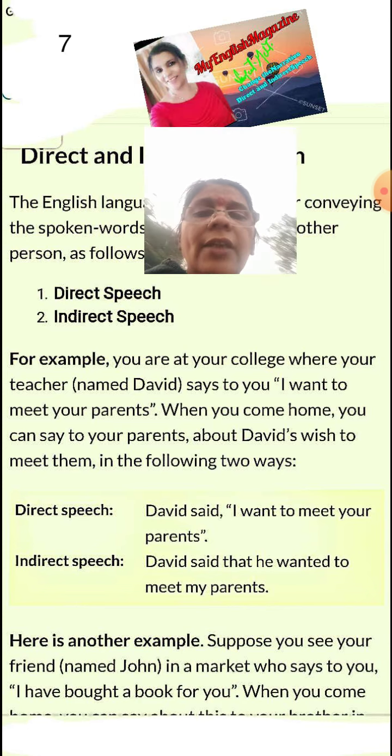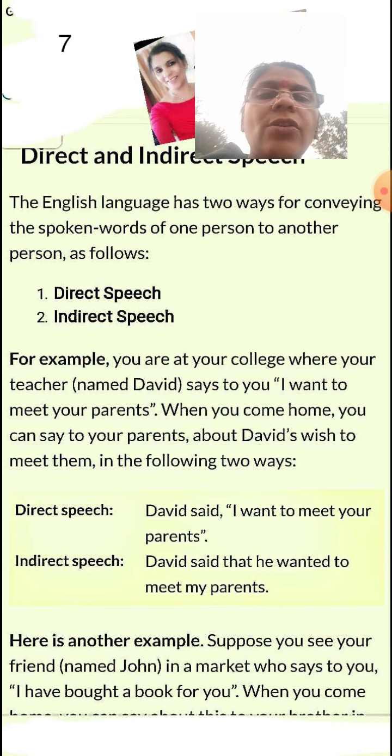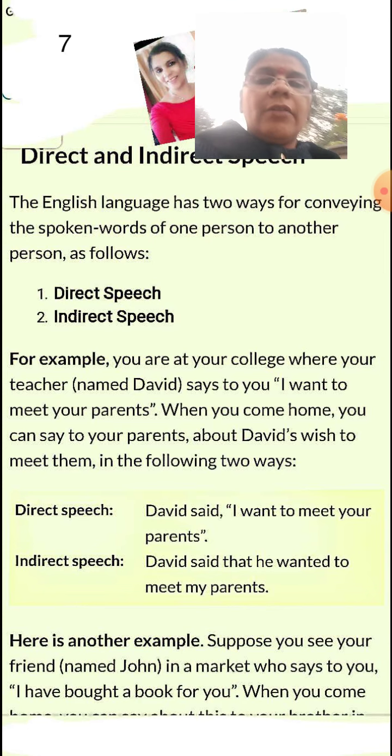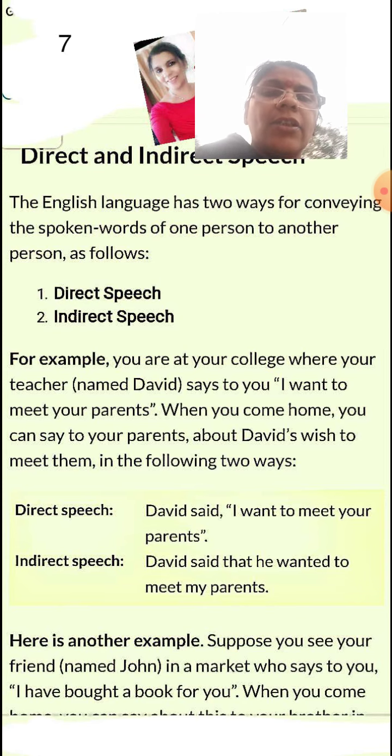So in this way, direct and indirect speech. The English language has two ways of conveying the spoken words of one person to another person: direct speech or indirect speech. Now here I explain to you.